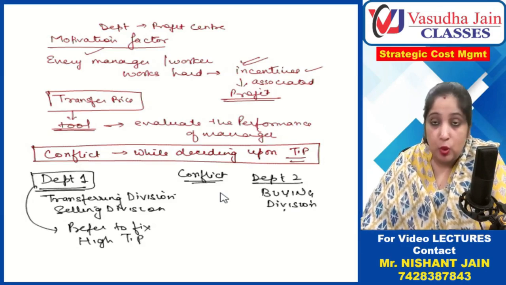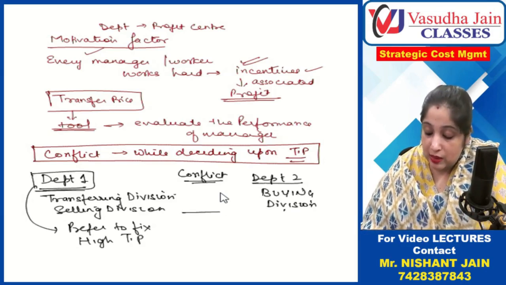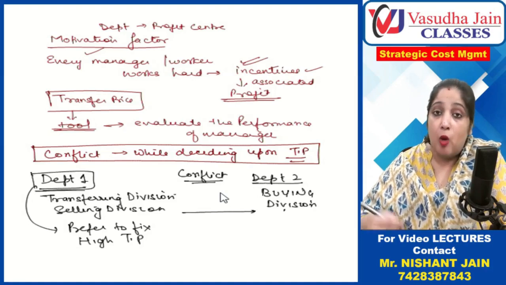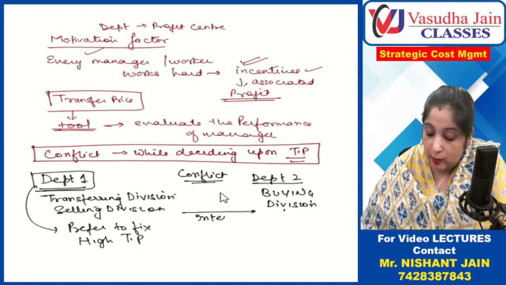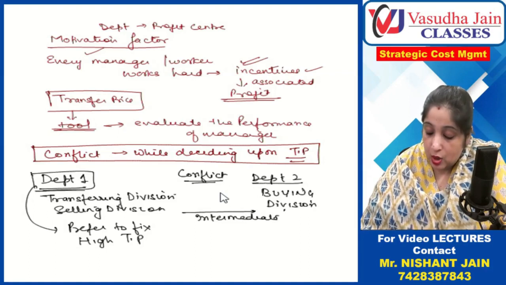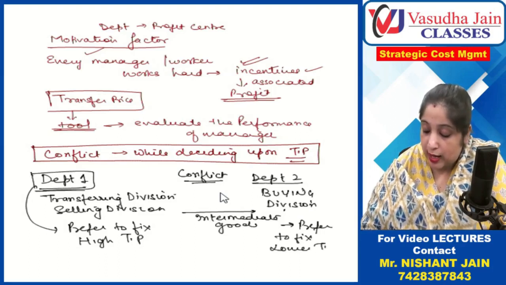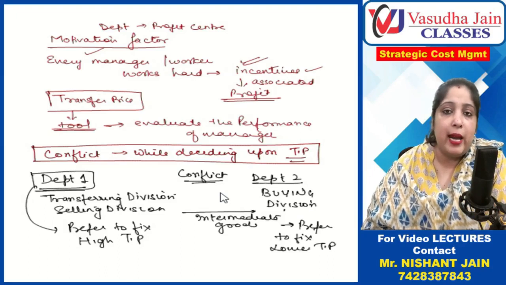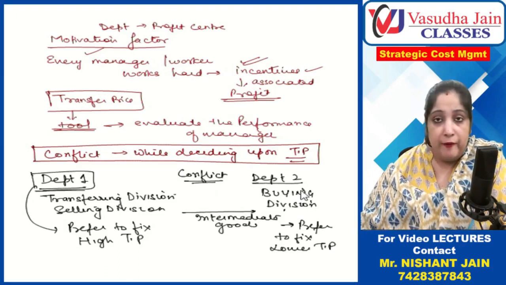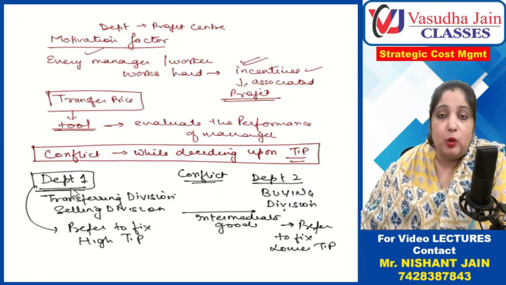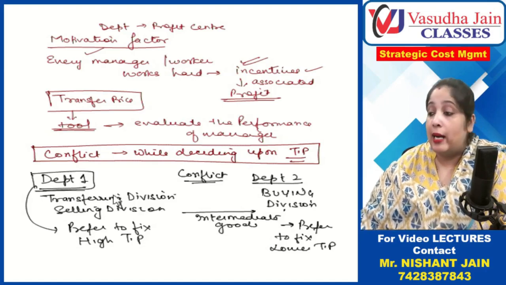And department 2, since department 2 is receiving goods which will be like a raw material to them, would prefer to fix a lower transfer price. Everybody wants to buy at a cheaper price, and they would prefer to sell at a high price.